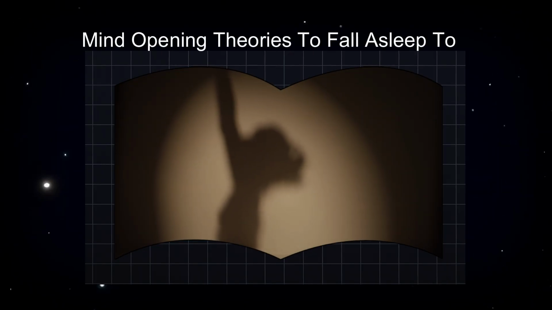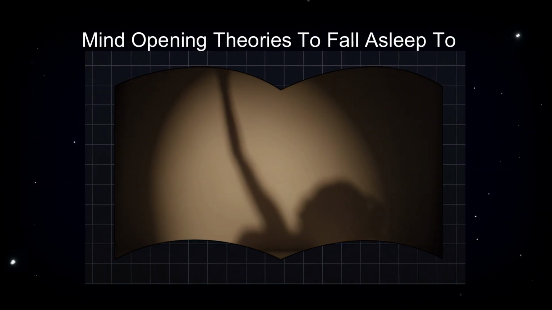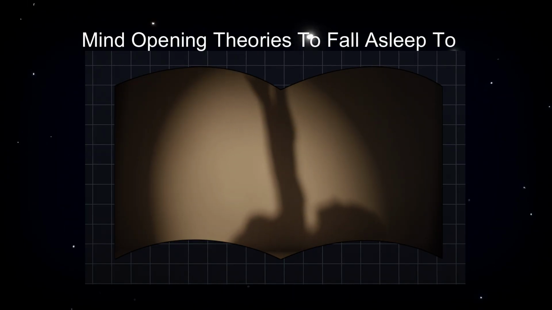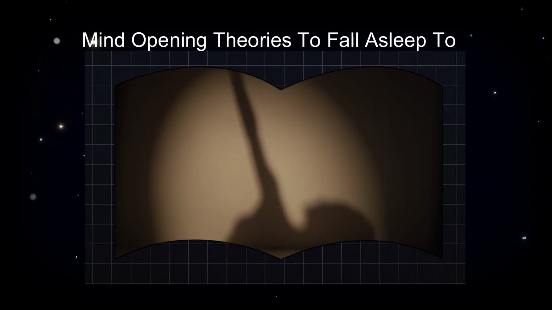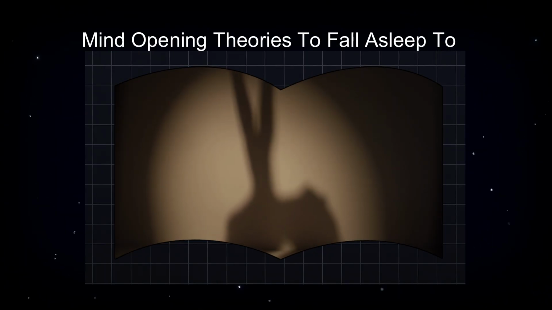Loop quantum gravity paints a picture of a universe woven from quantum thread, space and time stitched together in the smallest imaginable loops. It breaks away from smooth classical geometry and tries to solve the deepest rift in modern physics.